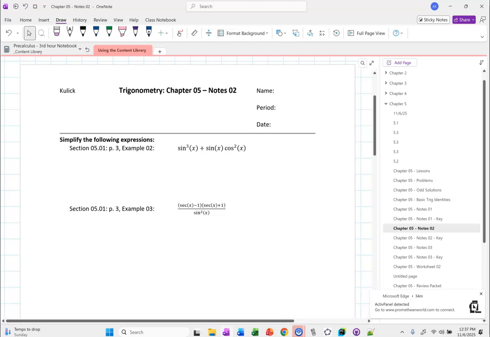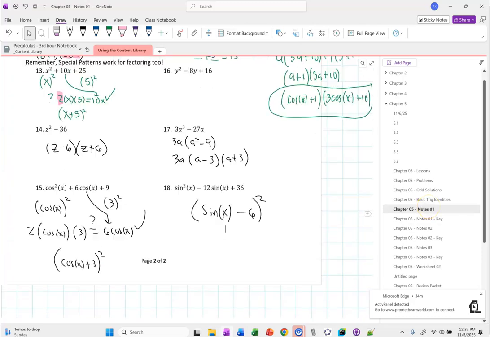Wait, for the last one, didn't the 12 have to equal a minus 12? What do you mean? In the actual problem, it's sin squared x minus 12 sin x plus 36. Right.